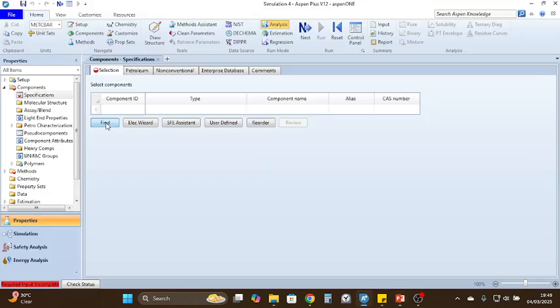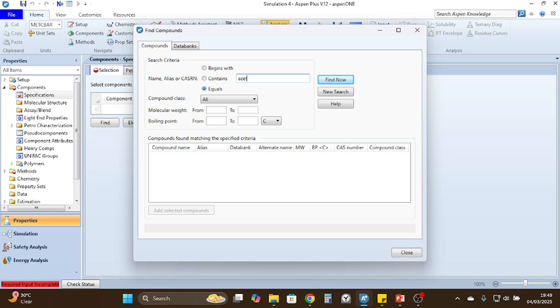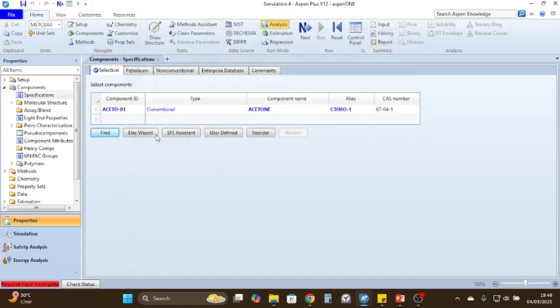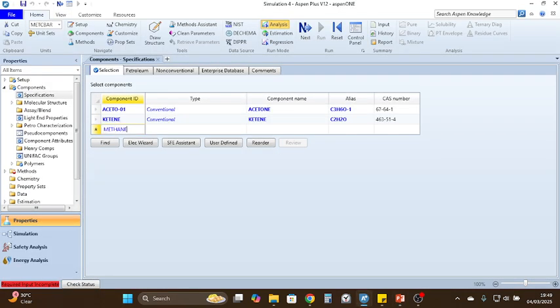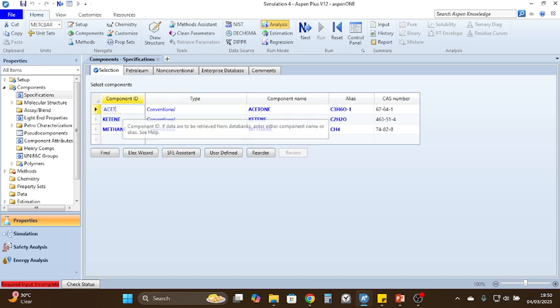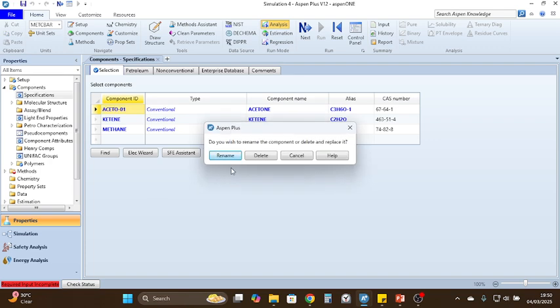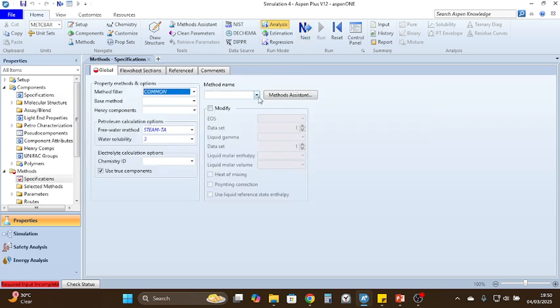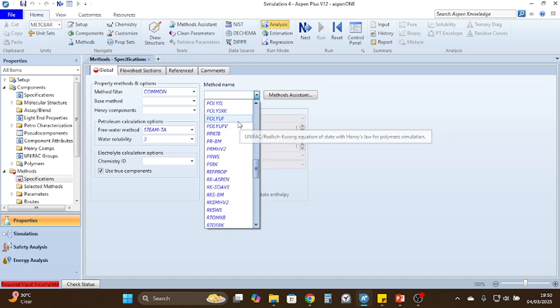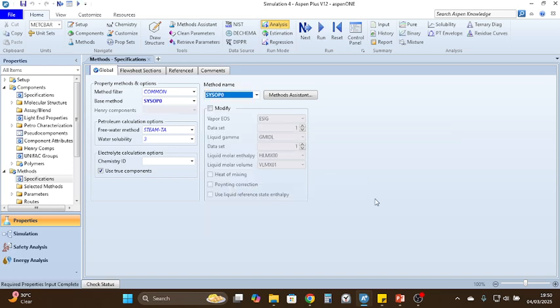So we have acetone, we have ketene, and we have methane. The property method is CSOP 0.